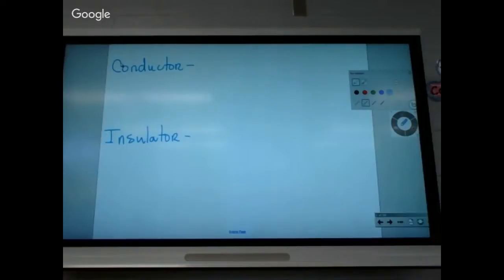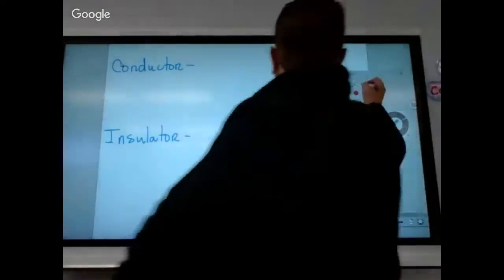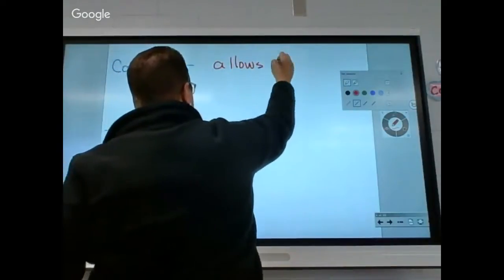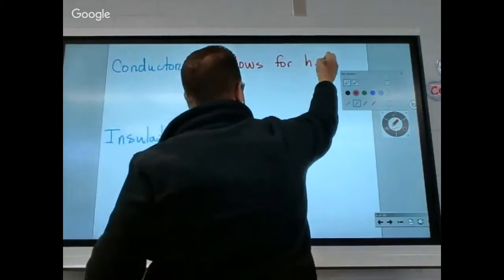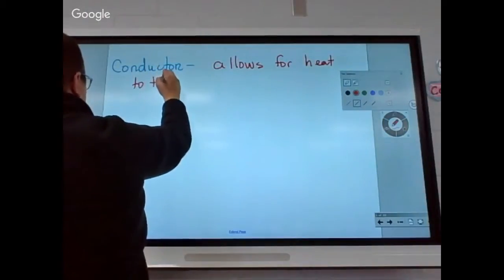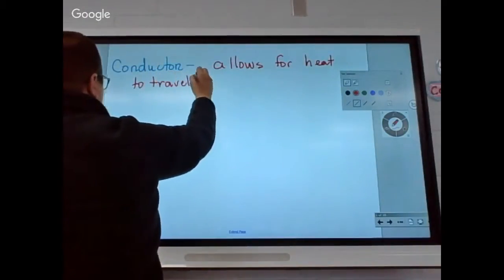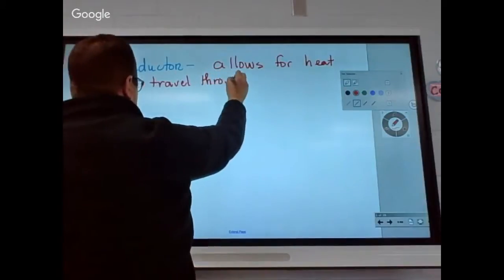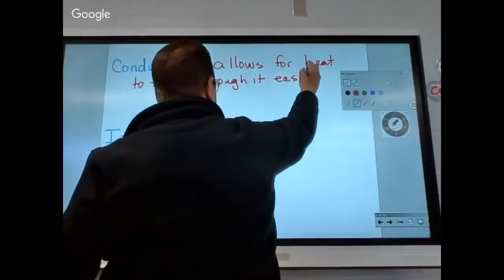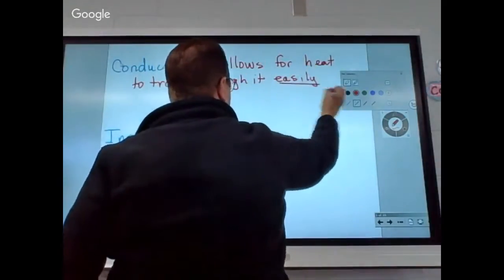Or out. So a conductor allows heat to travel through it easily. An insulator keeps it out.